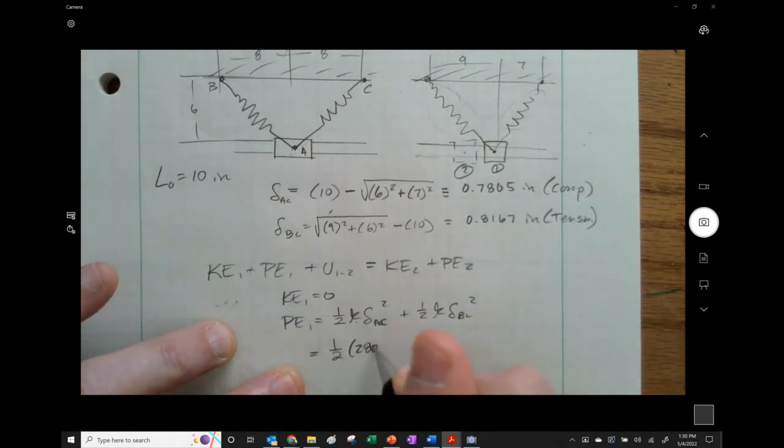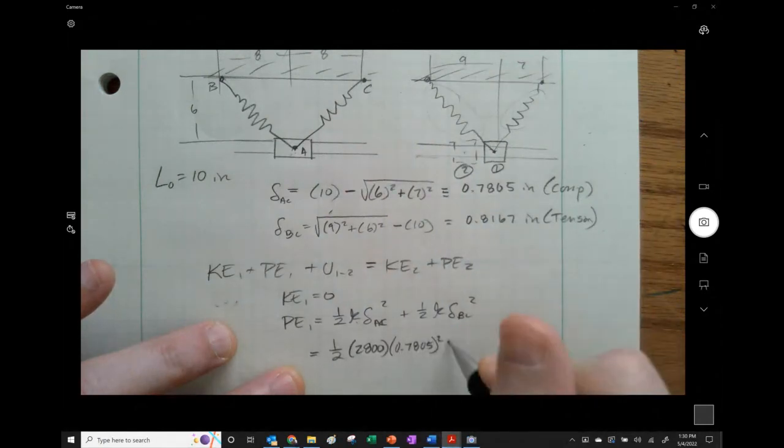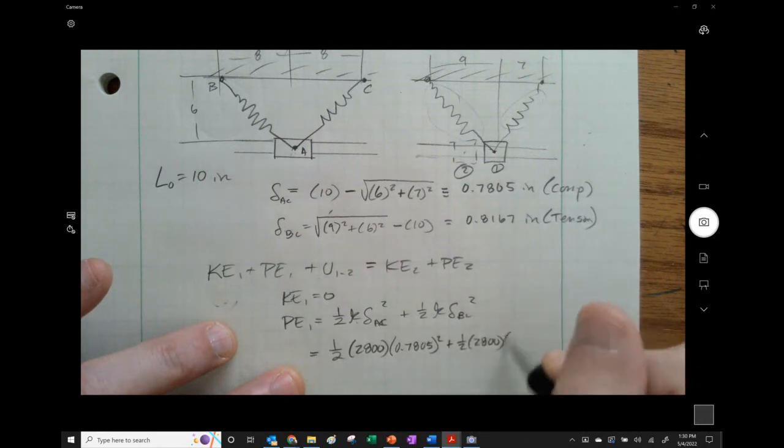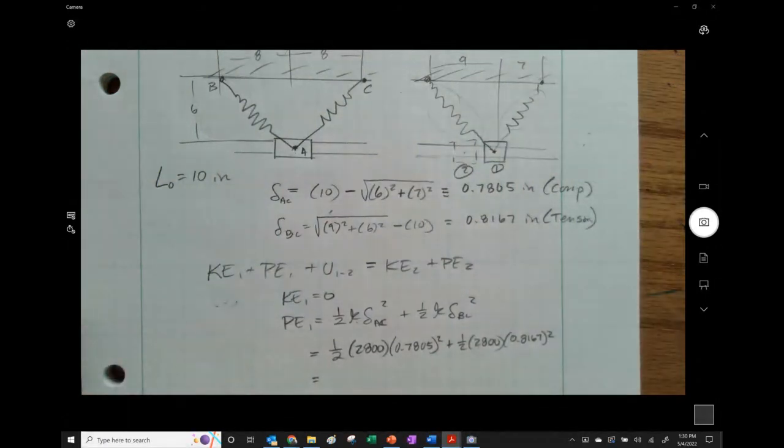So 1/2 of 2,800 times 0.7805 squared plus 1/2 of 2,800 times 0.8167 squared. So let's see. Square that. Square that. I could just add them.